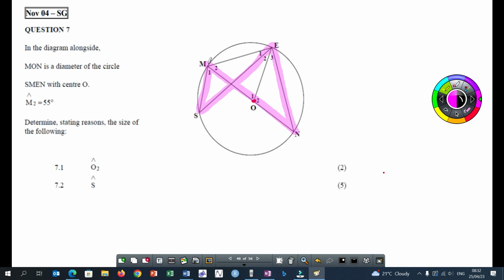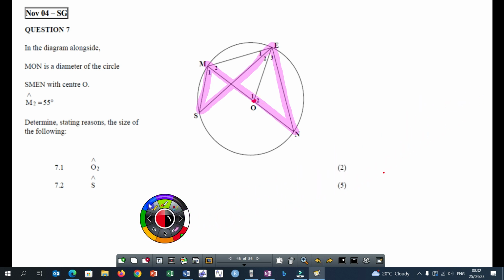So let's find O2. Now, because O2 is at the center, there is a chord or an arc which subtends it. Identify that chord or arc. So O2 is that angle. It is subtended by EN.